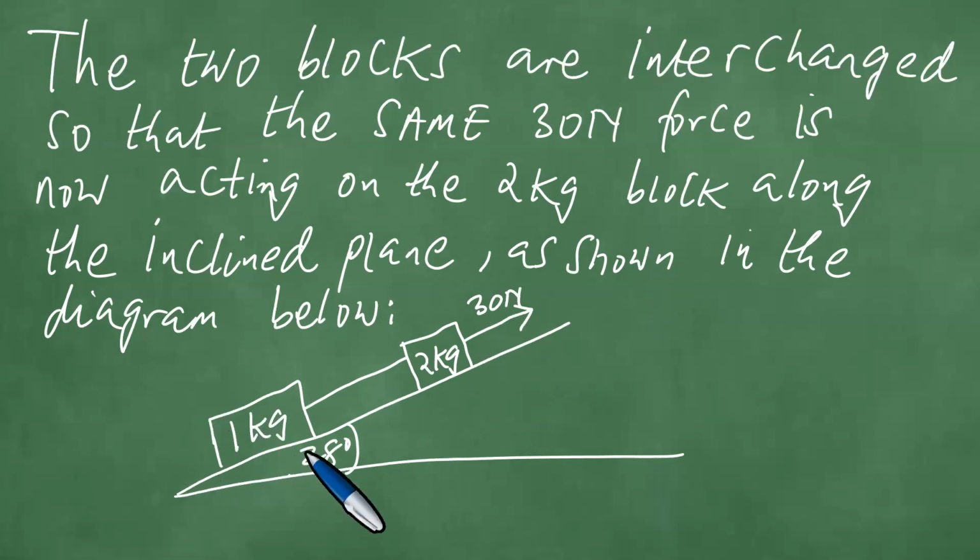Now, in the setup we had earlier, the 1 kilogram block was at the front. Now they just switched places. We put the 2 kilogram block in front, and now we have the 1 kg block at the back of the setup. And then we have this particular question.